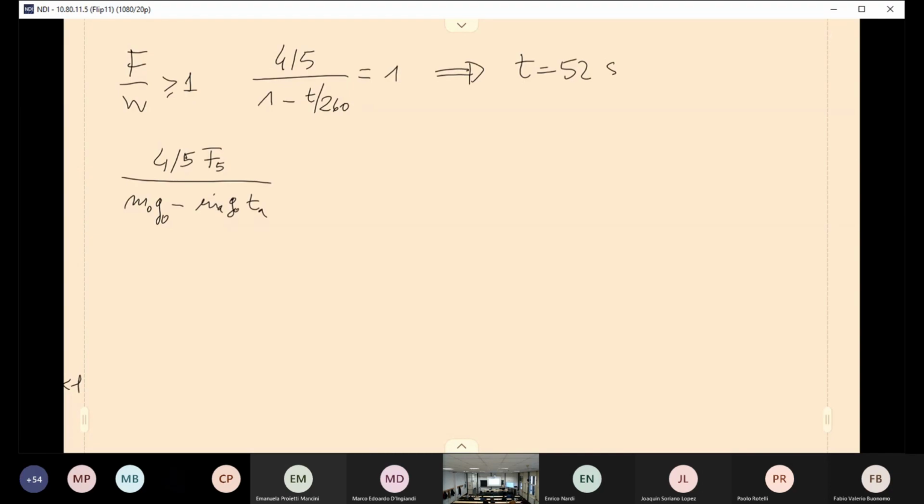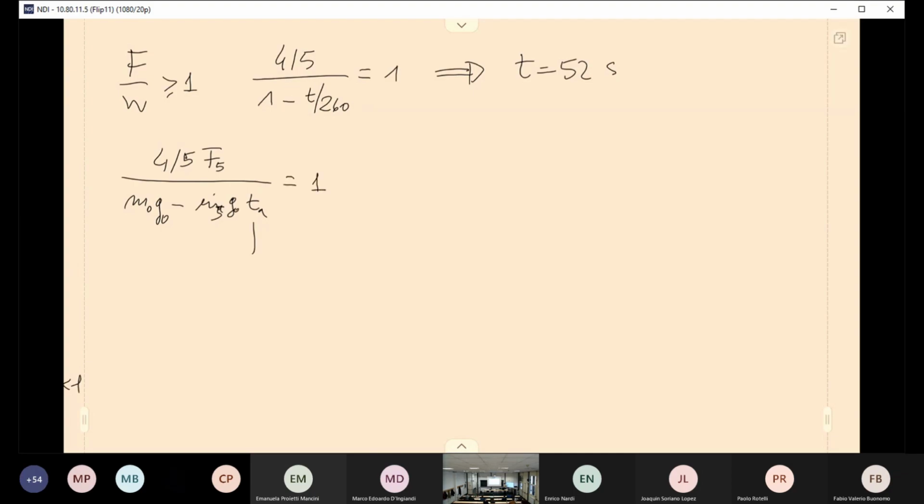This is what I wrote before. This should be correct. And this must be equal to 1.